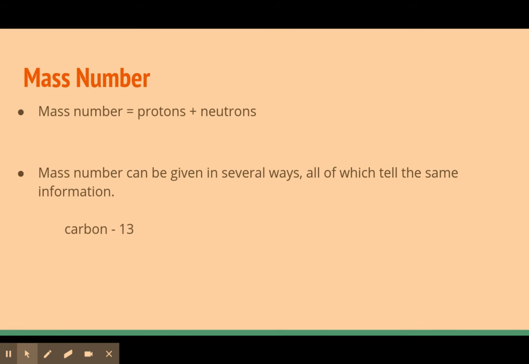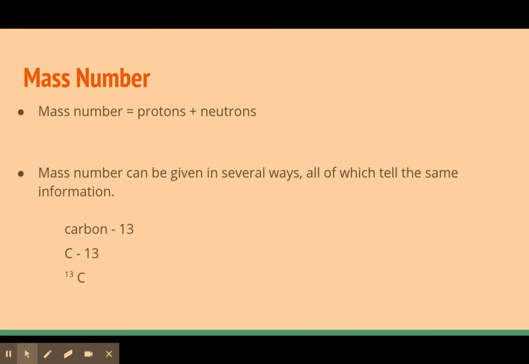I could give you the entire name of the element, dash, a number. The number after that, so the 13 in this situation, that 13 means that's the mass number. It could be written with the symbol for carbon, which is a capital C, dash 13. That 13 is the mass number.